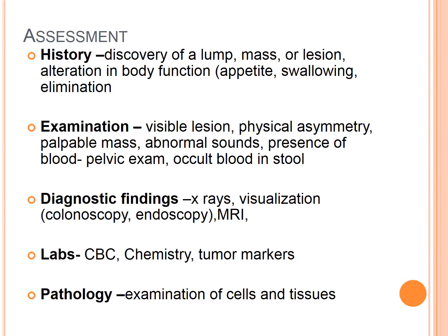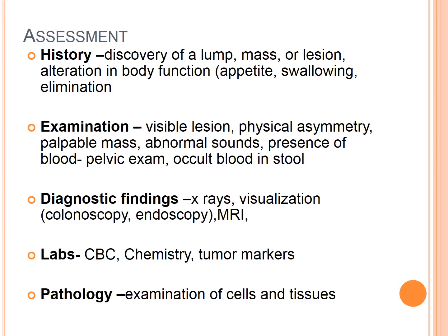So this would possibly alert you to an abnormality in their platelet count, right? So we'll talk a lot about that today with thrombocytopenia. Diagnostic findings that you can do, such as x-rays, to visualize if there are any masses, colonoscopy, endoscopy to look in the GI tract, also MRIs.